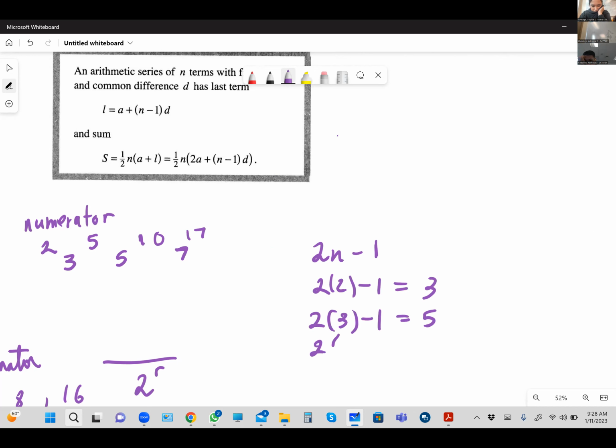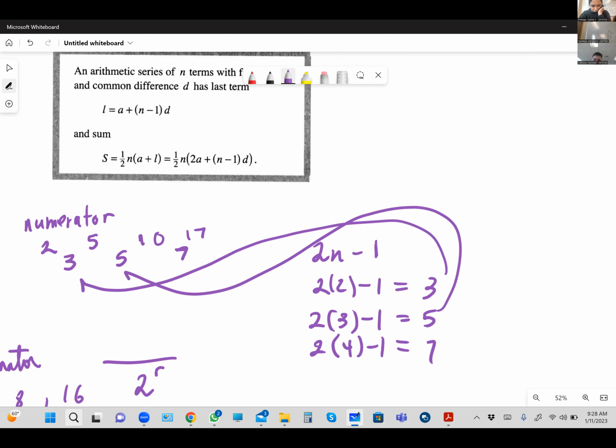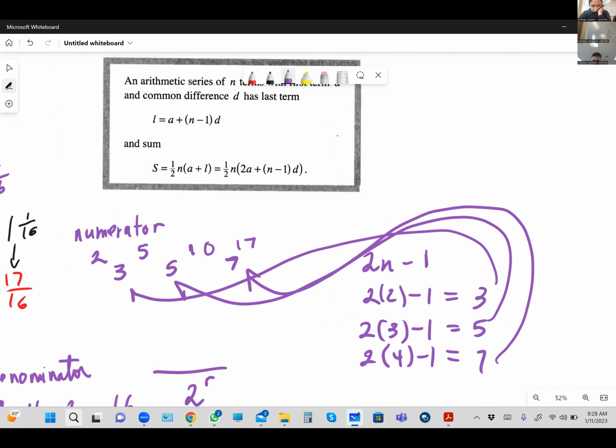When we did 2 times 4 minus 1, we got 7. So that's how we can replicate this, this, and this. If you put 1 in there, you get 1. You see?